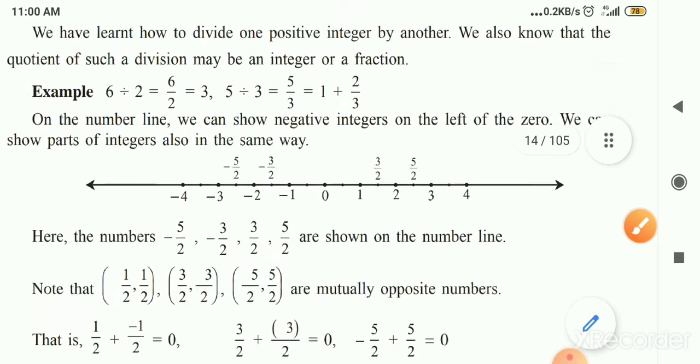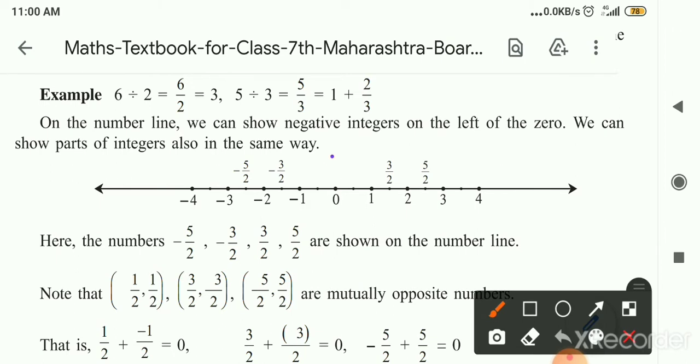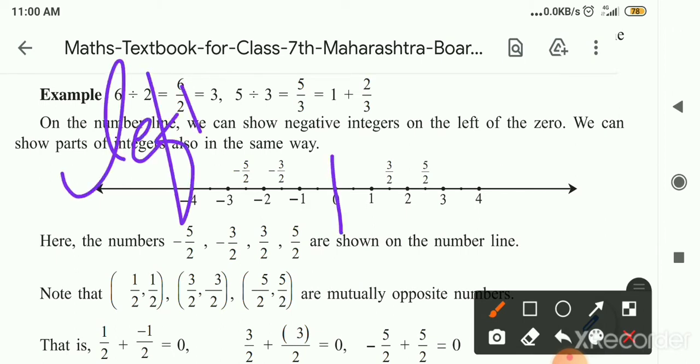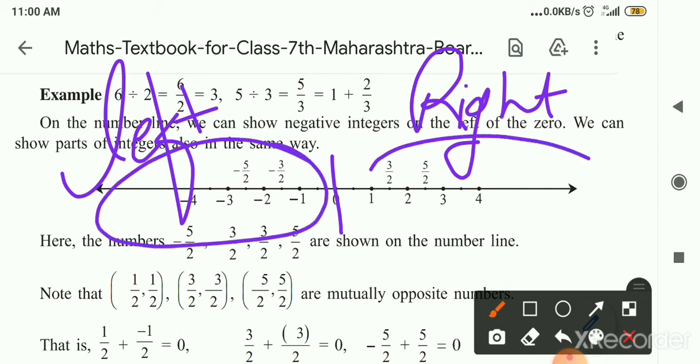On a number line we can show the negative integers on the left side. This is 0, this is the left side of 0, and this is the right side of 0. Negative numbers we write towards the left side of 0, and positive numbers we write towards the right side of 0.